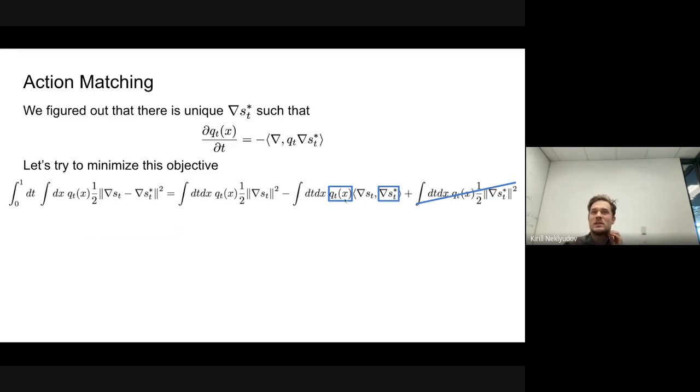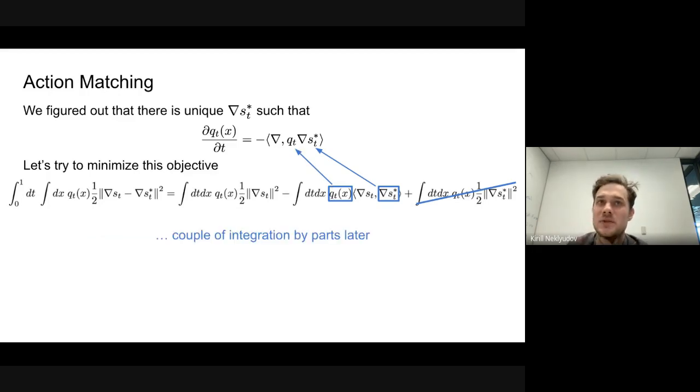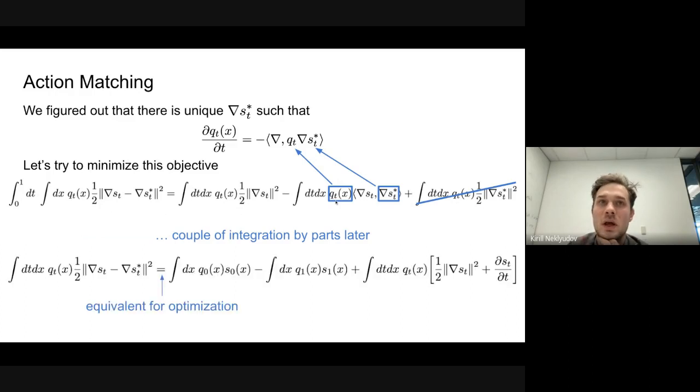But we can note that these two guys are together, so we can use the continuity equation to get rid of them. And just a couple of integration by parts later, we will arrive at this functional. So our initial objective is equivalent for optimization to the following one.